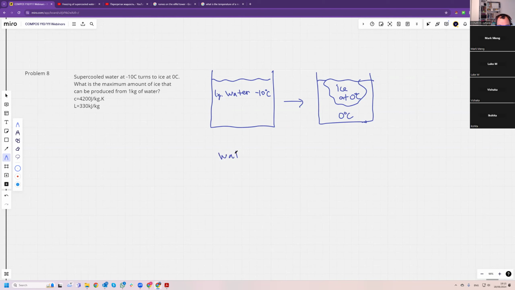Water freezing gives off heat. And this heat is used to heat the water from minus 10 to 0.